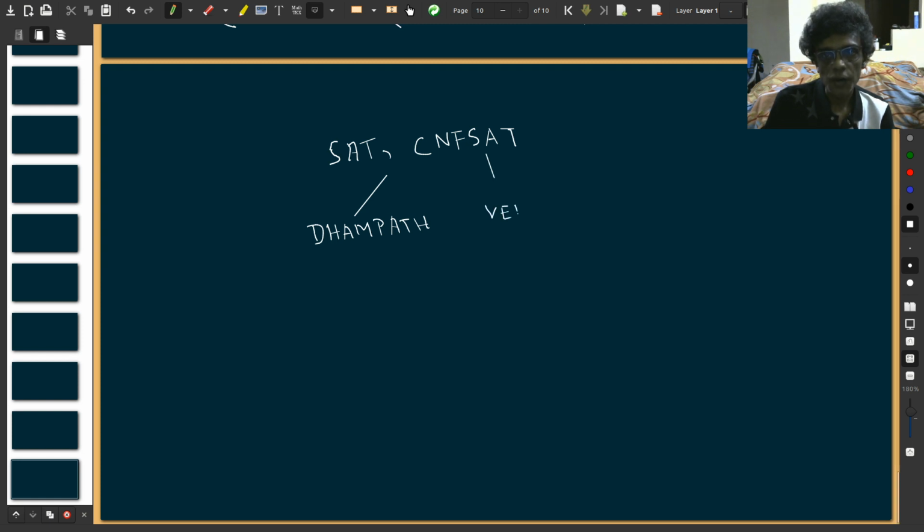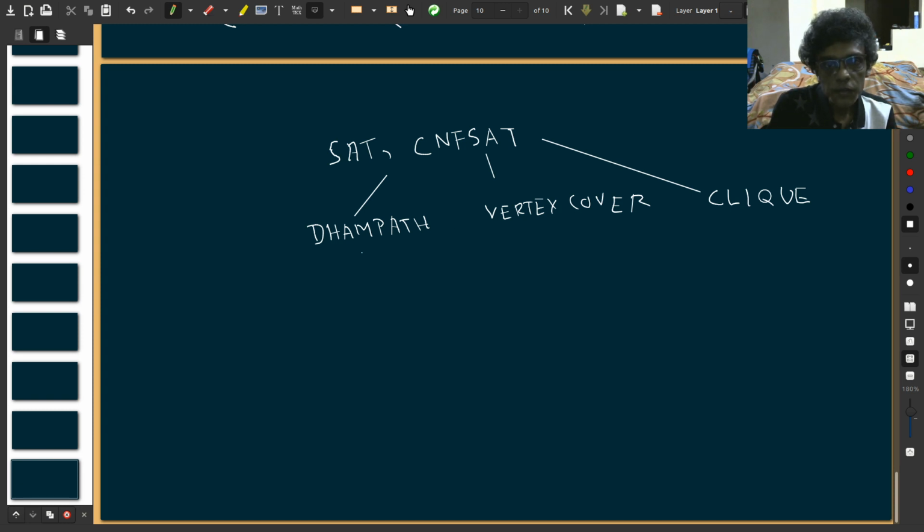Today we have seen Vertex Cover. Then we have Clique. From this or one of its equivalent versions, we have proved longest path, TSP as NP-complete.